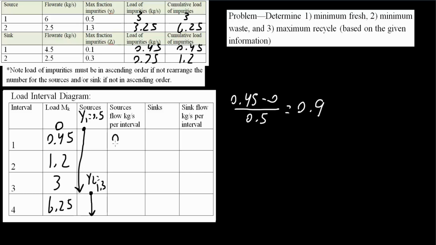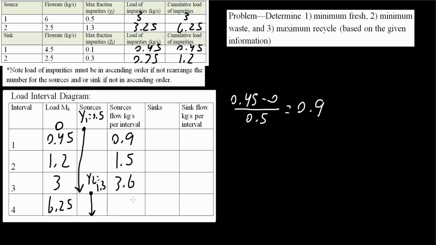So we write down 0.9 right here, and we do something very similar for the rest of the numbers. Next one is 1.2. 1.2 minus 0.45 divided by our 0.5, and we would get 1.5. And we would do the same thing, 3 minus 1.2 divided by 0.5, and we would get 3.6.